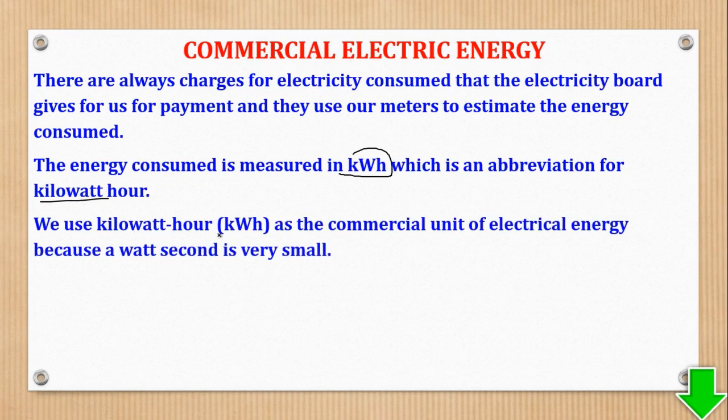We use the kilowatt hour as the commercial unit of electricity or electrical energy because a watt second is very small. We can't use the watt second because it will be very small, so we use hours.